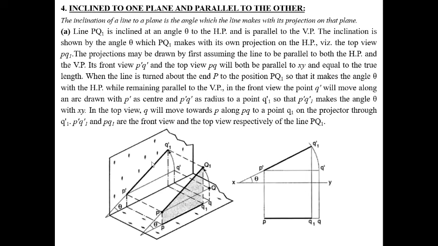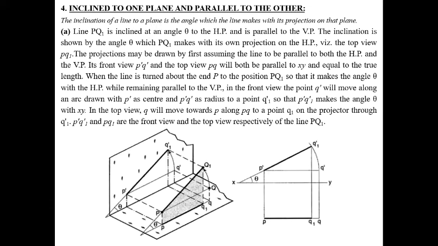Now from this front view we draw a vertical line and get P and Q1. So this is the top view and this is the front view. When a line is at an angle with the HP, we first draw the front view, and from this front view we get the top view.